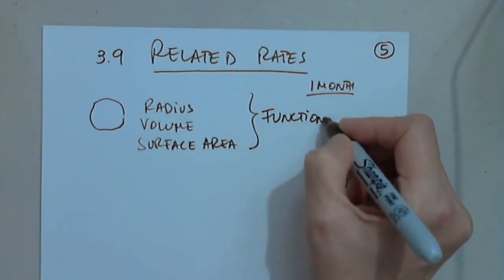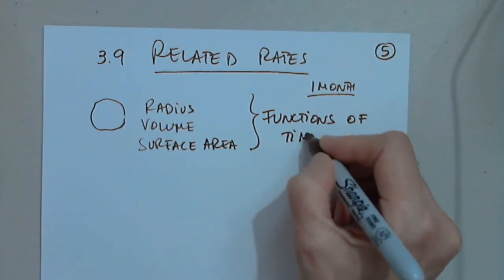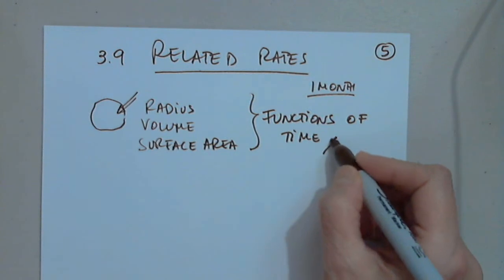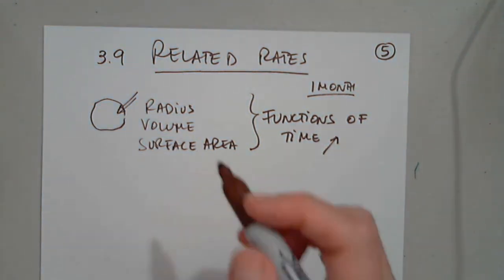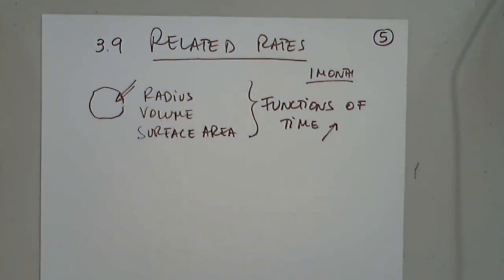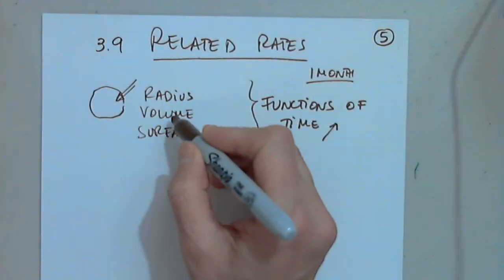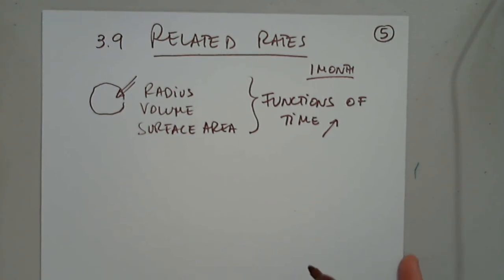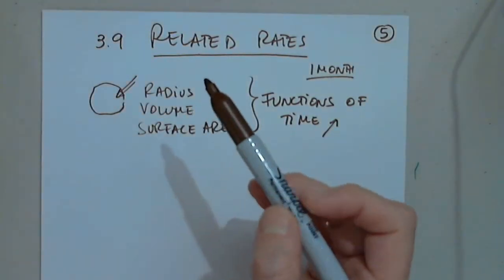All these are functions of time. And if I pump air in, they're all increasing. But they're not increasing at the same rate, right? But their rates will be related. Okay, what do I mean by that?